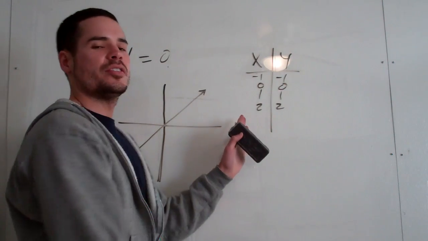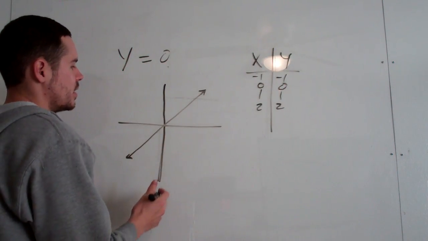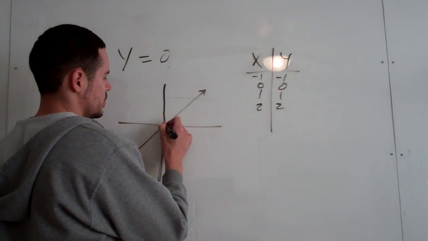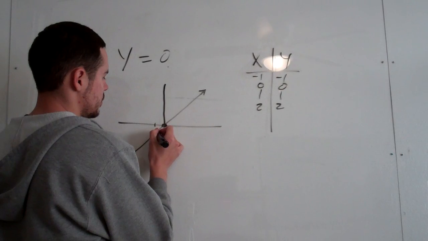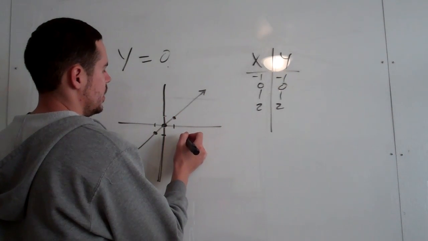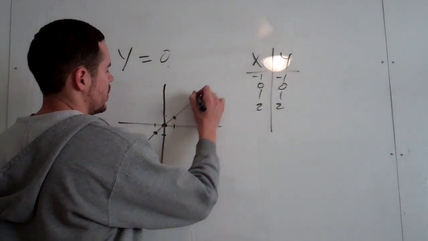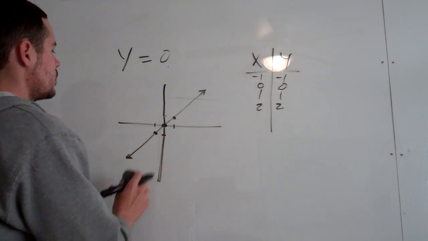I can plug in 2 million right here and it's going to equal the same thing for x as it does for y. And so if I graph this, 0, 0 is right here, -1, -1 is right here, 1, 1, and so on. If we keep on going, it's going to keep on going up like that. So that's basically the reason why that graph looks the way it does.